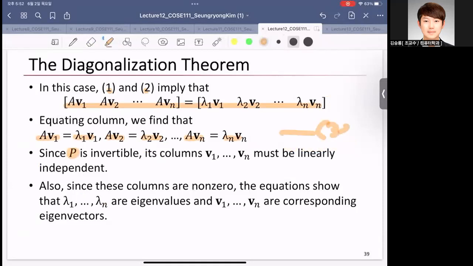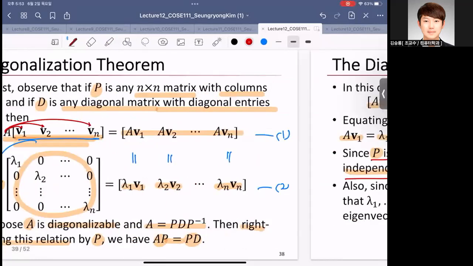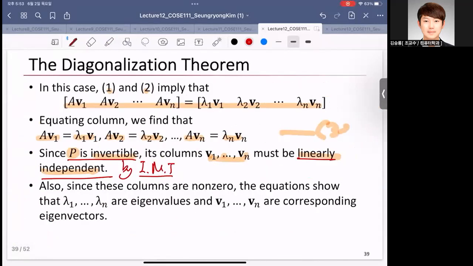Since P is invertible, each column v1, v2, vn must be linearly independent, by the invertible matrix theorem. If P is invertible, then the columns are linearly independent.